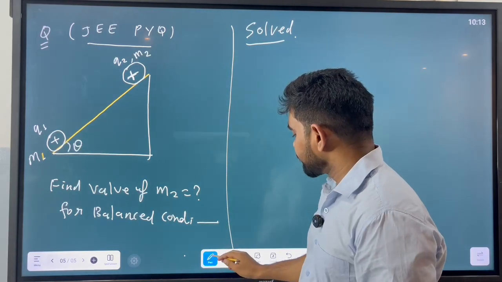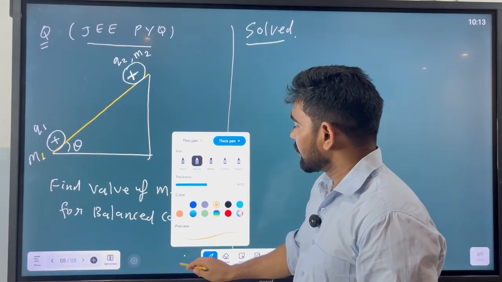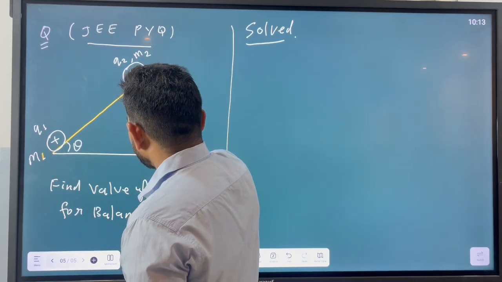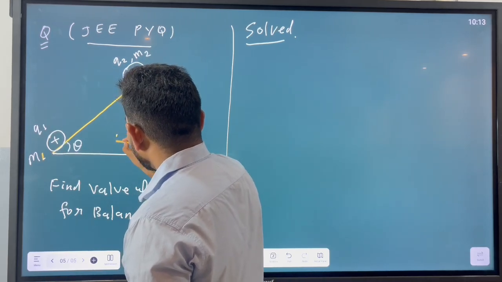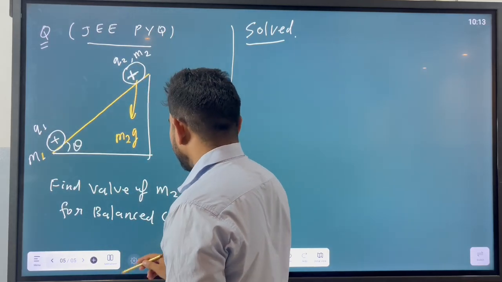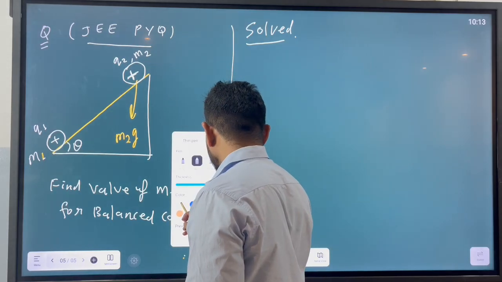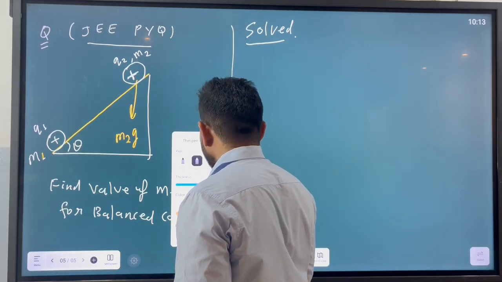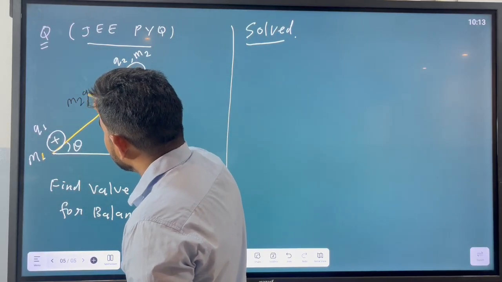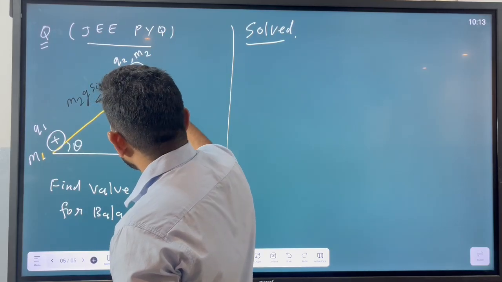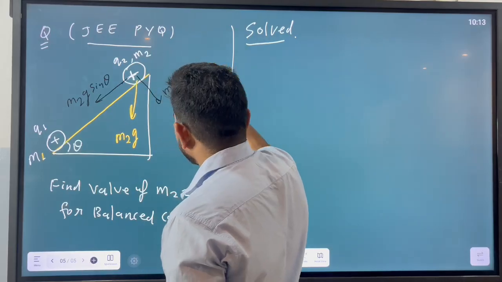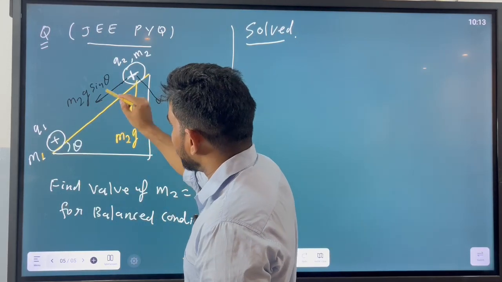Let us solve this problem. Initially we divide the weight component of this charged ball, m2 g, with respect to angle theta into two components, along and perpendicular to the incline: m2 g sin theta and m2 g cos theta. This component balances the Coulomb force.